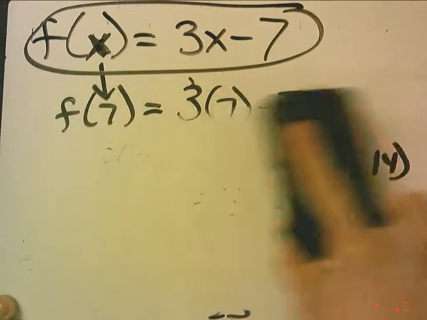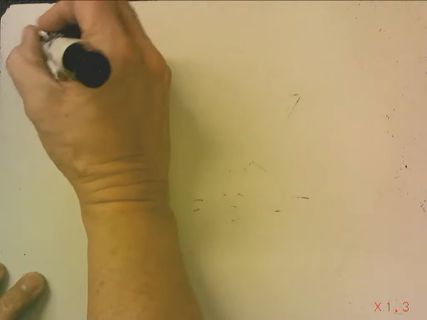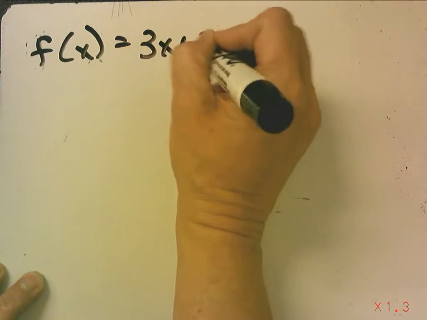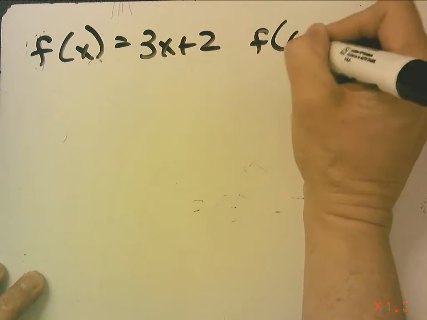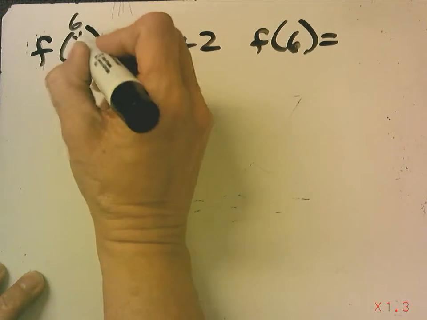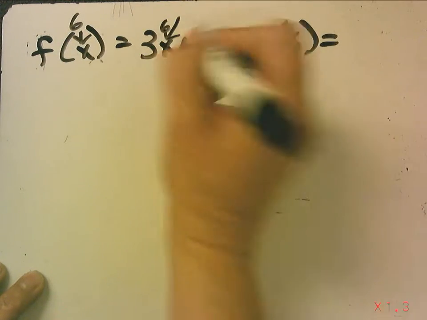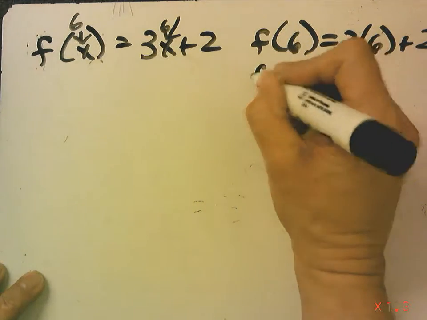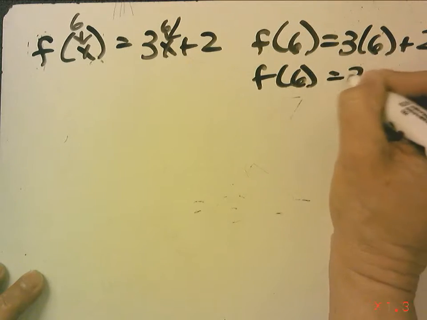Okay? So now, let's do the problems on the bottom of page 14. If I give you the function f of x equals 3x plus 2, I want you to find f of 6. That means wherever I see an x, I plug in a 6. So 3 times 6 plus 2, f of 6 equals 20.